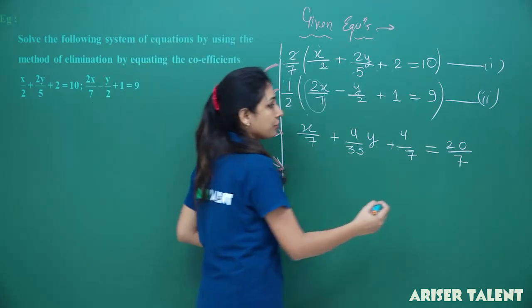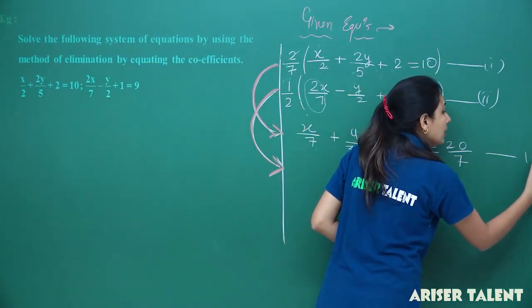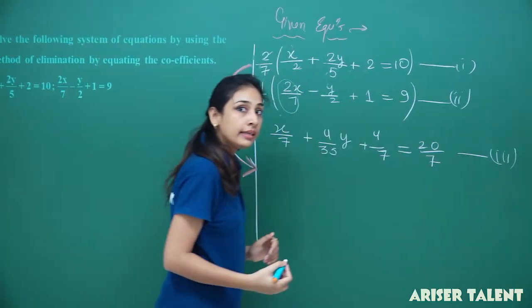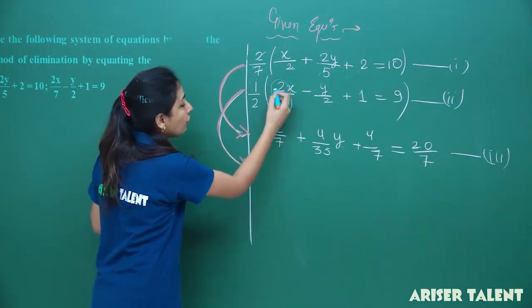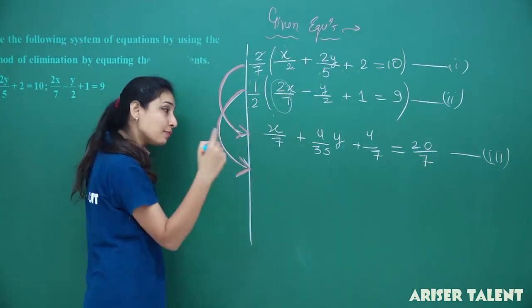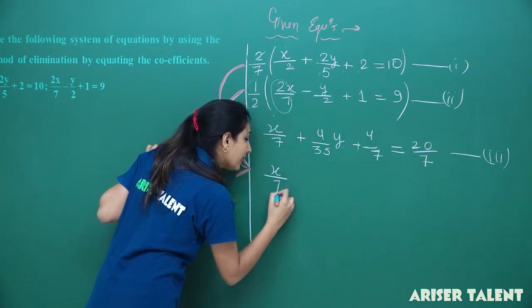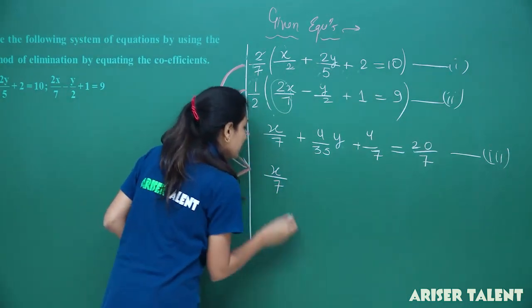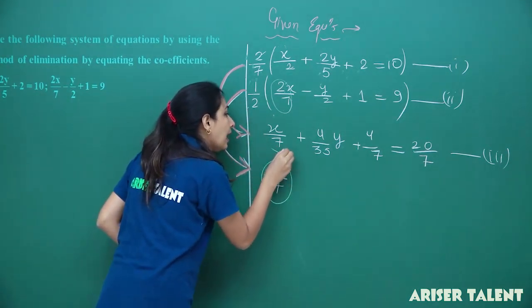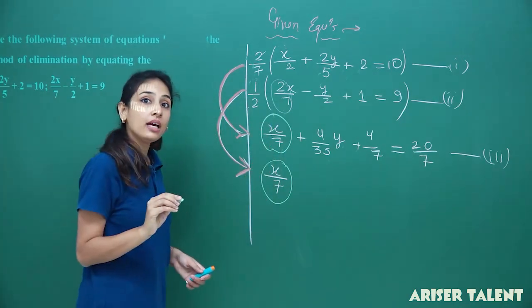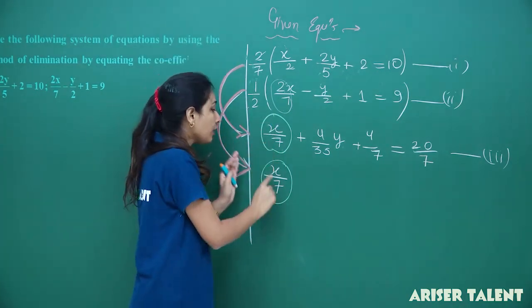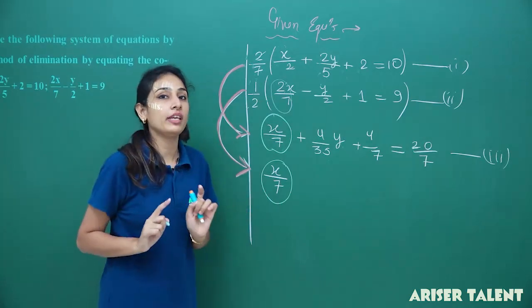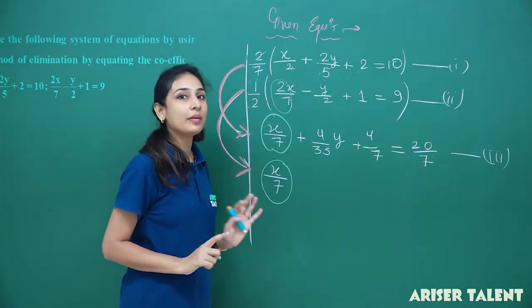Now, the second equation will become our third equation, isn't it? Now, what will it become? Again, x by 7. Now, students, look at this side. What have we done? We have equated the coefficient of one variable, the x variable in this case.